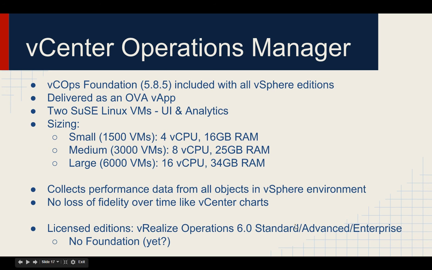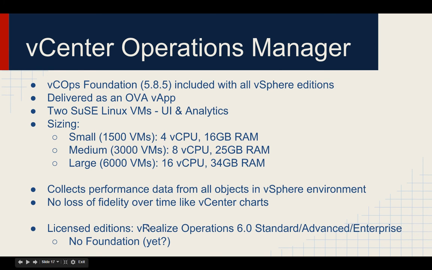You can get the Standard edition if you purchase your vSphere licenses as the vSphere with Operations bundle. That will have your vSphere Standard, Enterprise, or Enterprise Plus with vROps Standard only. You can bump that to Advanced by going up to the vROI bundle, which also gets you Log Insight.